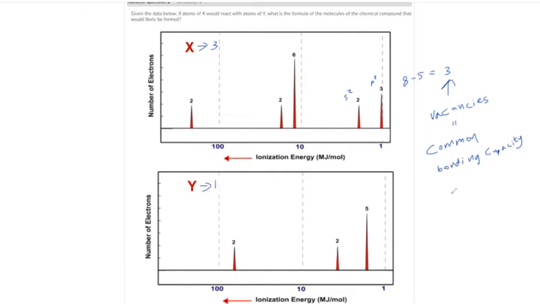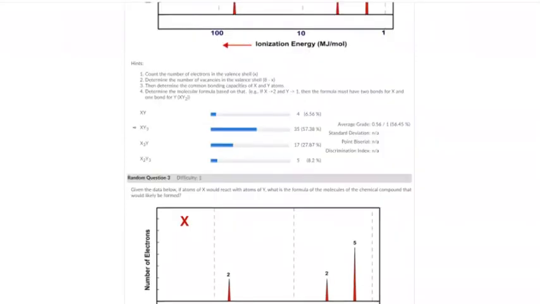So for every 1 X, which is going to form 3 bonds, you're going to have at least 1 Y, because Y can only form 1 bond. Now it's going to look something like that. Therefore, the chemical formula must be XY3. With that, I'm going to clear my blue line and move on to the next question.